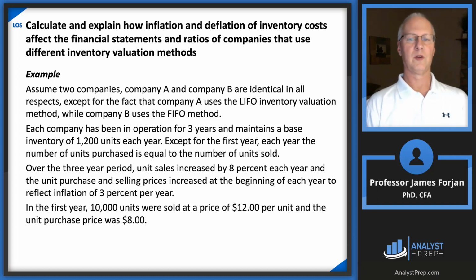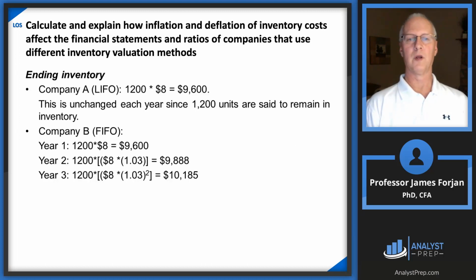Unit sales increased by 8%, so we're selling 8% more. And the selling price increased by 3%. So we have inflation on both ends there. And we're told that $12 is the selling price and the purchase price of the inventory is $8.